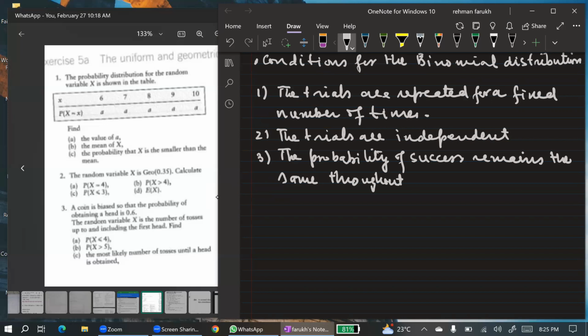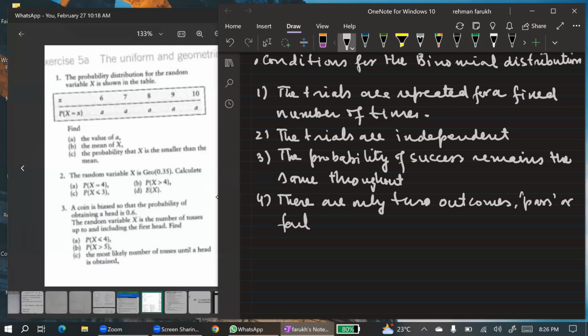Number four, there are only two outcomes: pass or fail. These are the four conditions of binomial distribution.